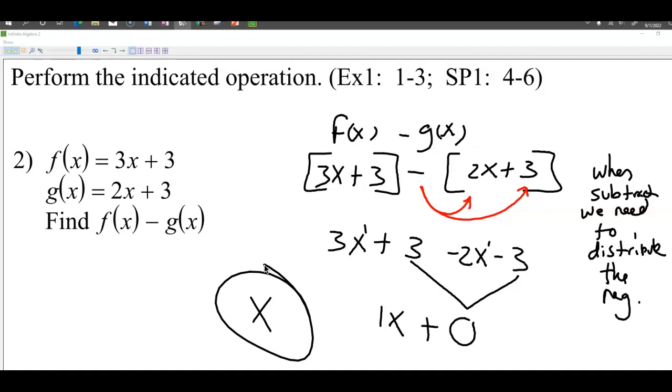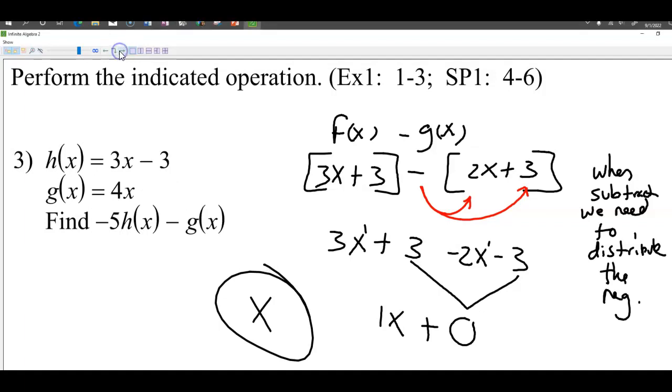All right, one more problem. So the difference with subtraction is that you need to distribute the negative. That's it, okay? All right, let's go ahead and take a look at one more. Now, this one has some other stuff on it, so go ahead and copy down number 3.